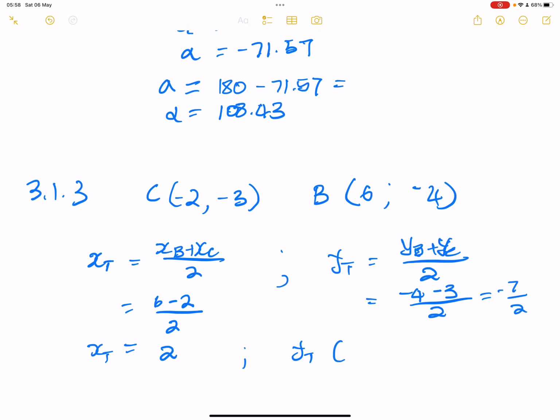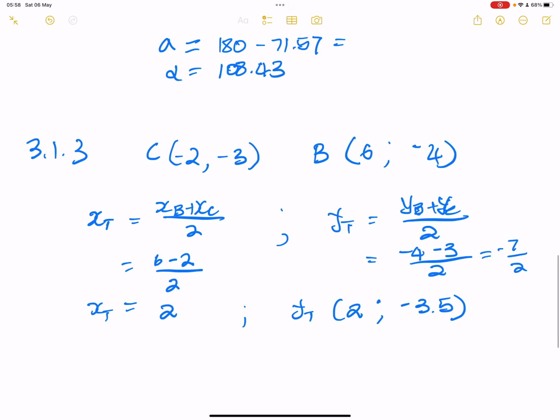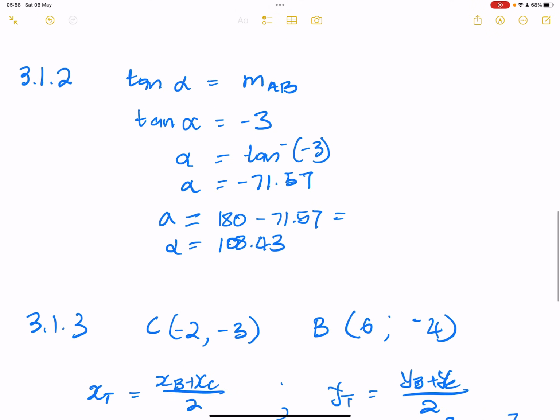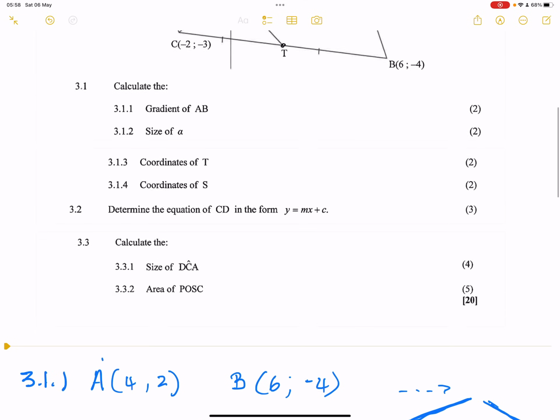So T is actually (2, -3.5). Sorry about that. All right, let's go on to the next one.